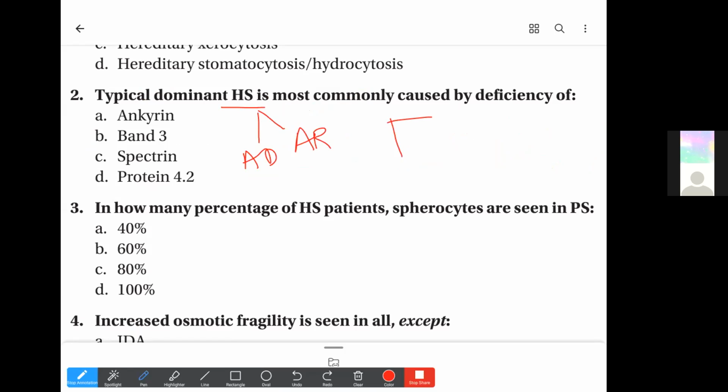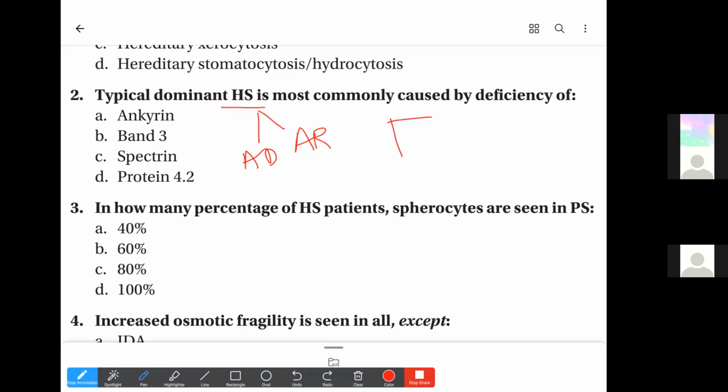There are different defects; they can be defects in the spectrin and ankyrin forms also. So the most common deficiency in hereditary spherocytosis is the ankyrin defect.